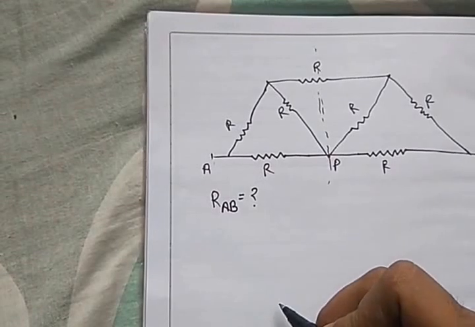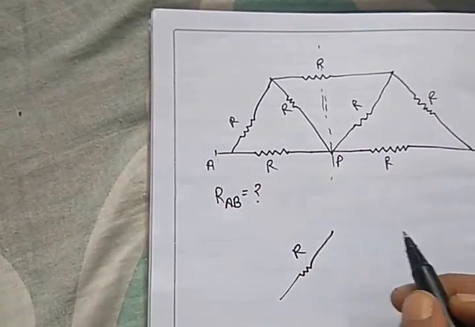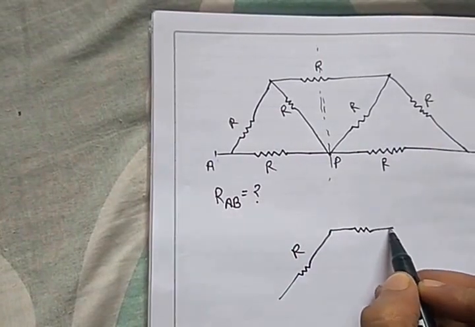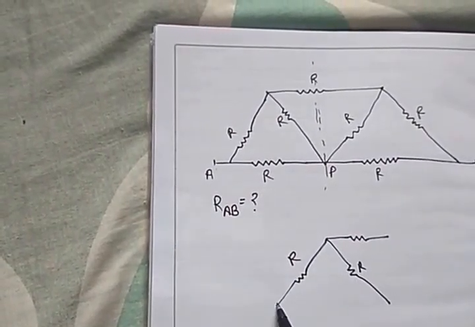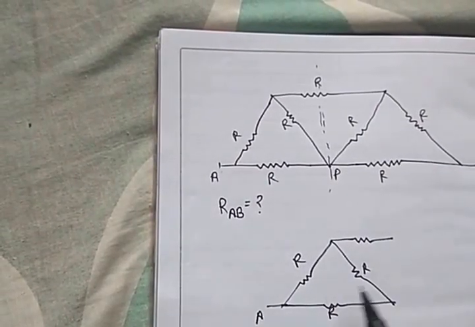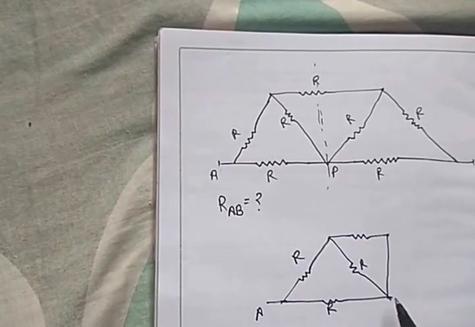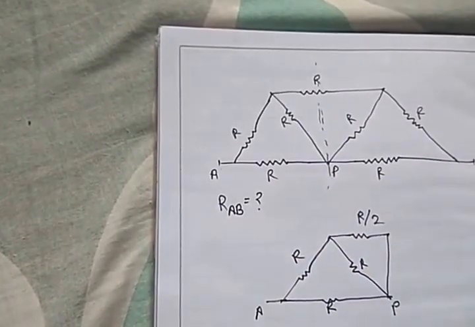So to find the resistance in this type of question, you have to find the plane of symmetry, and we have drawn the plane of symmetry. This is R, R, R, this point is A, and let's say this is P, this is R by 2.